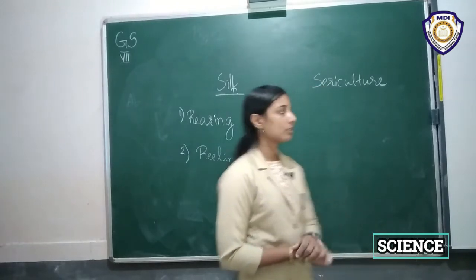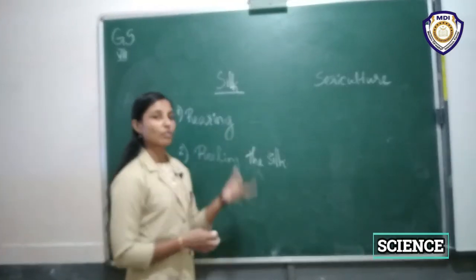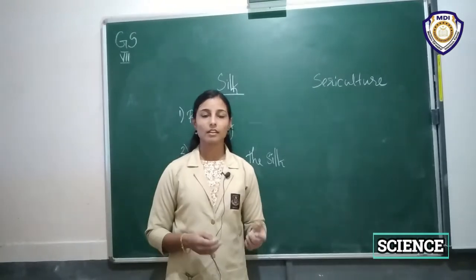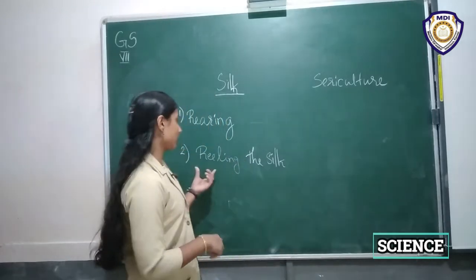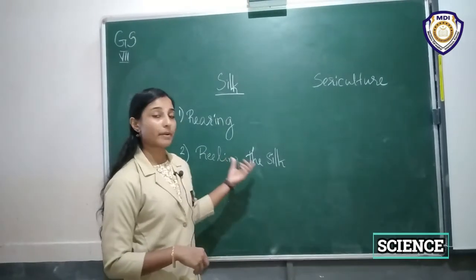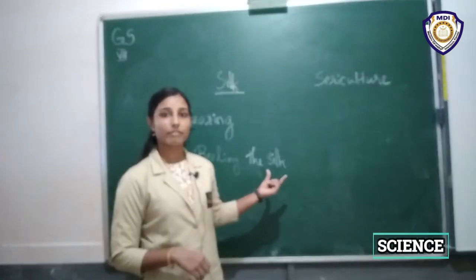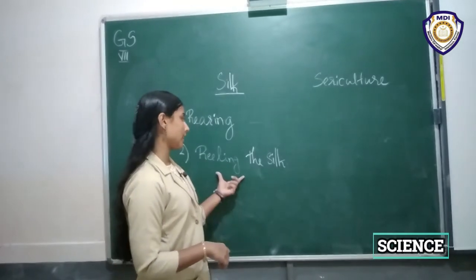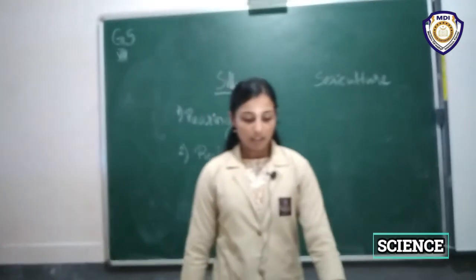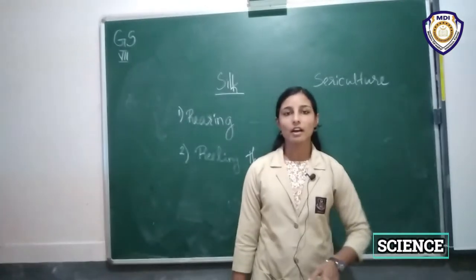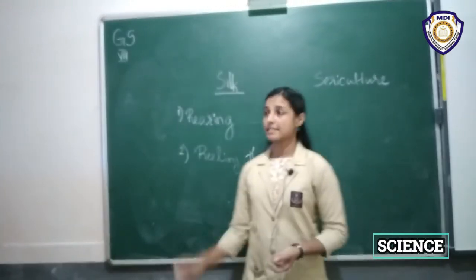So these are the stages. Rearing we already discussed, and reeling is what? Separating out the silk fiber from the cocoon. That is reeling. So these are the steps involved, and here we completed silk.